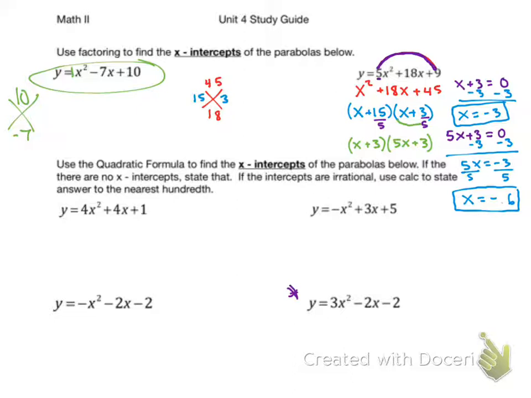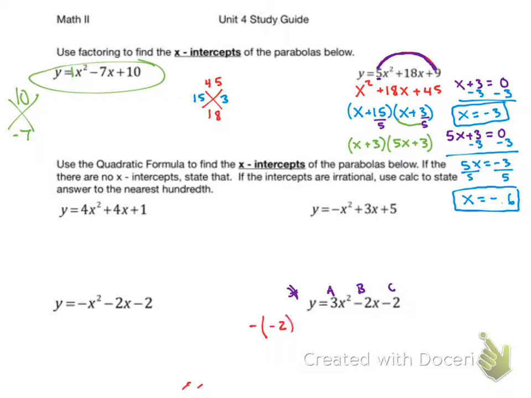So first thing I'm going to do, label my A, B, C. My A is 3, my B is negative 2, and my C is negative 2. And I'm going to plug this straight into the quadratic formula. So I have negative B, my B is negative 2.